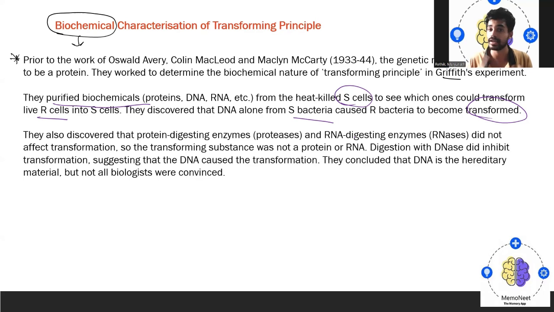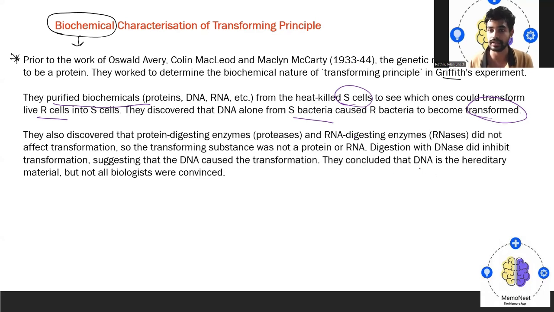Nowhere were the protein digestive enzymes or RNA digestive enzymes affecting it. So they got clarity that DNA causes the transformation.